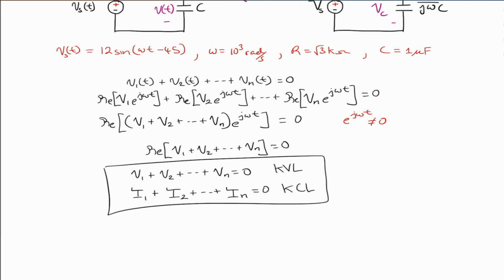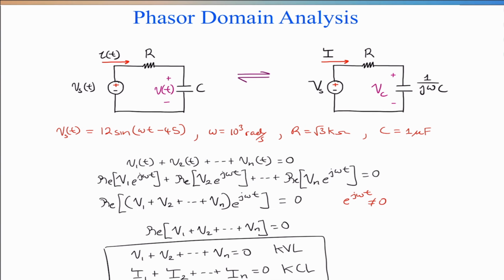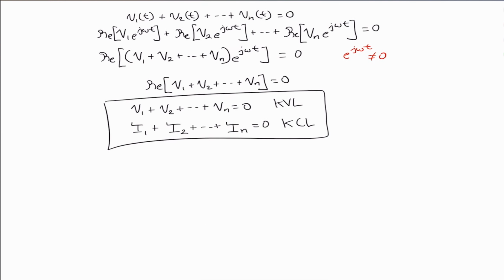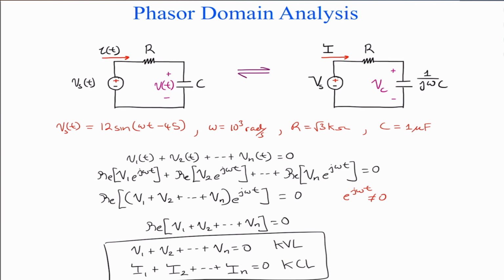Thus, let's use the following example, which we have here, to introduce these steps. So let's ask, what is I of t? We're going to find I of t for the circuit above, knowing the source voltage, our angular frequency, our resistance and our capacitance.